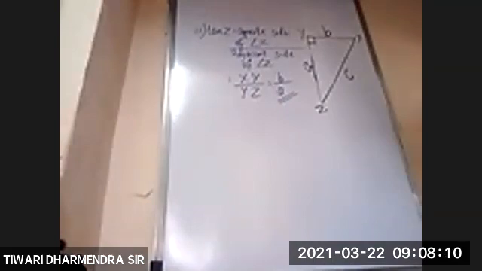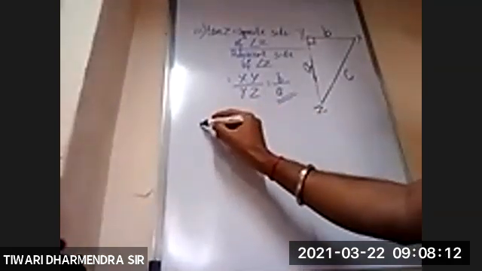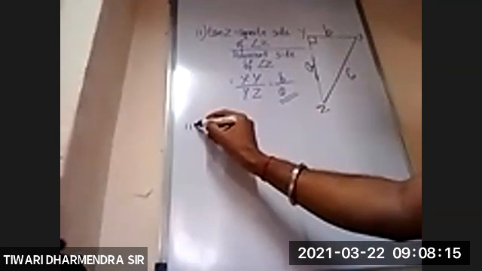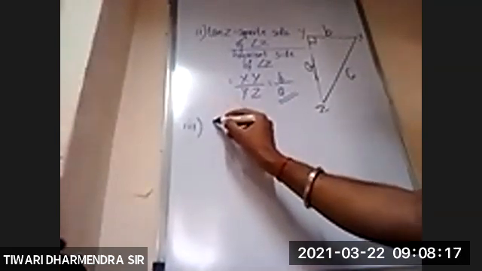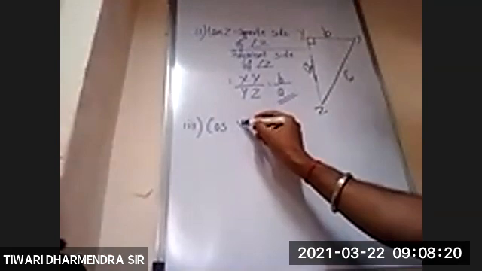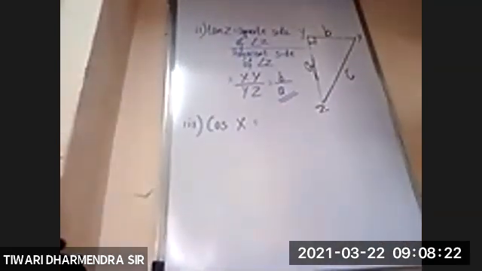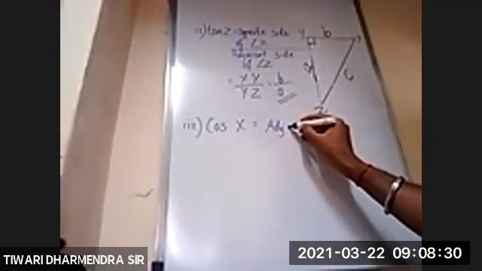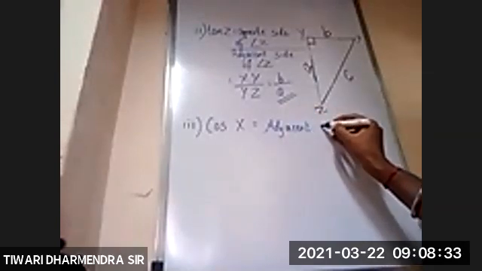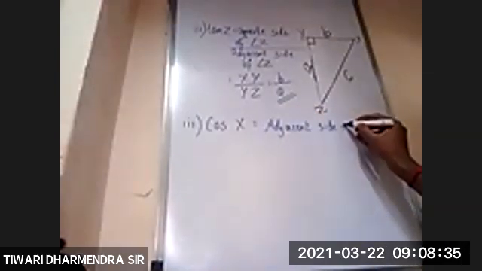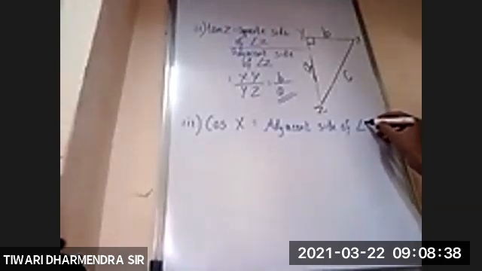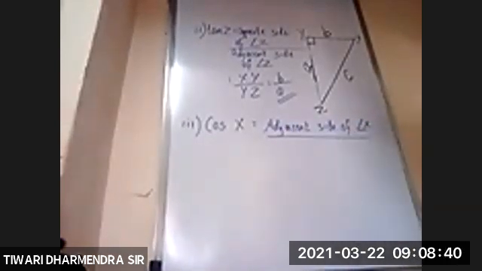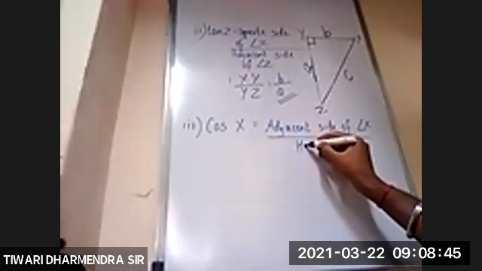The third, cos of x. The formula for cos of x is, anyone? Adjacent. Yes, good. Adjacent side of angle x divided by, yes, hypotenuse.